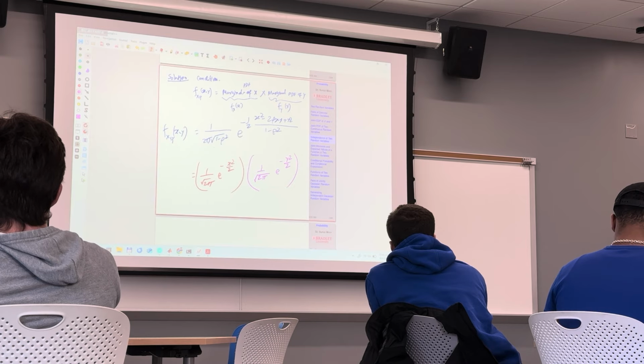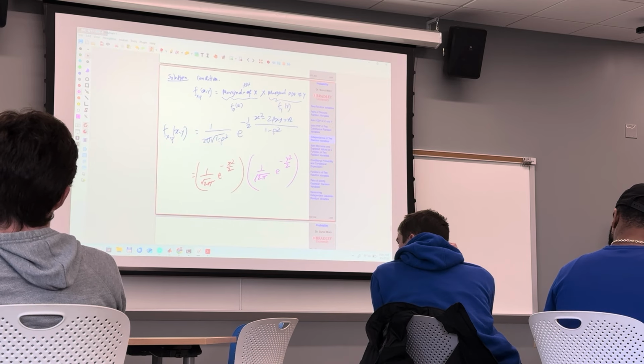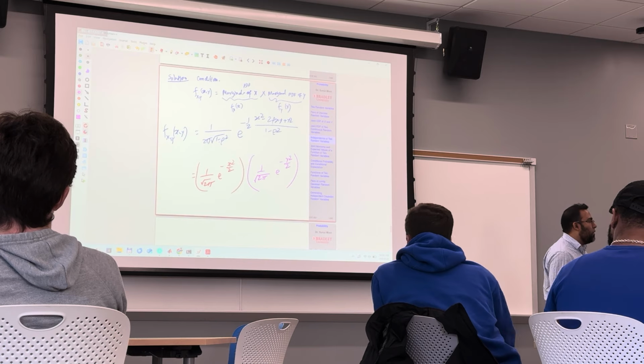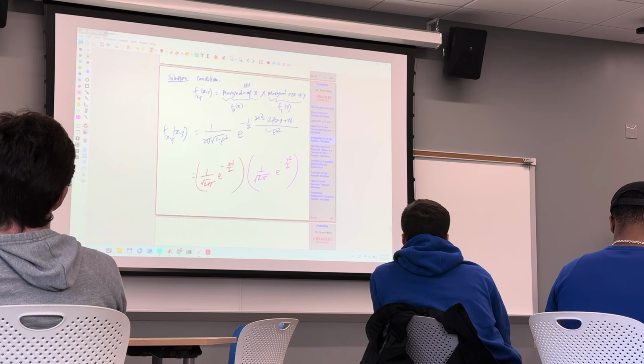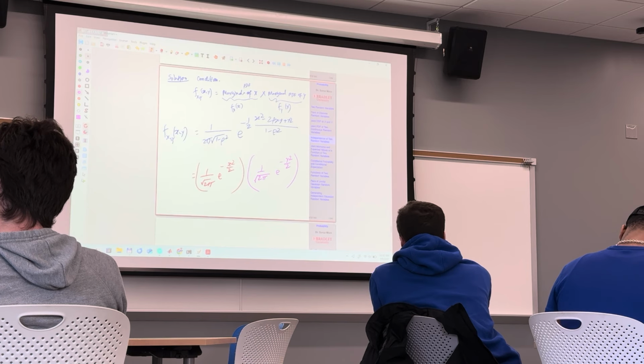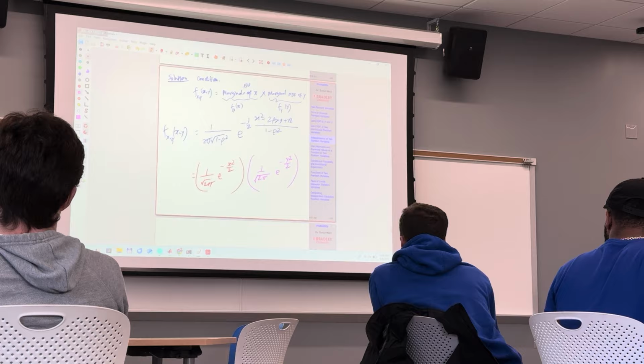But in the denominator, once you multiply, do you see the square root of 1 minus rho squared? No, you don't see it in the denominator. Therefore, the multiplication of these two quantities will not be equal to this. Okay? Will not be equal to this.